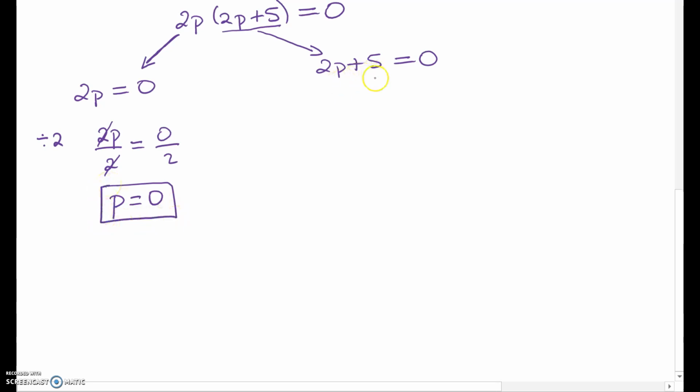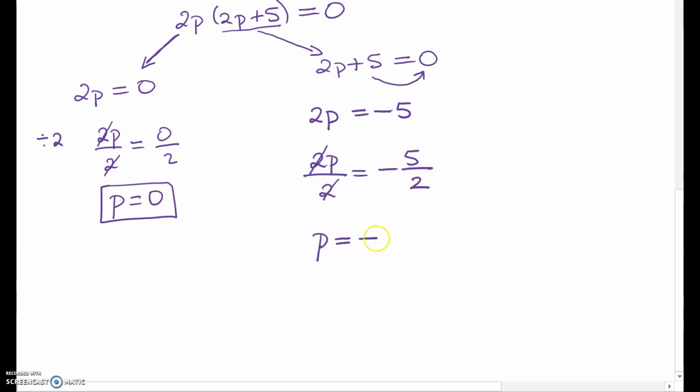Here, if you want to get p on its own, let's move the 5 across. It's the easiest way. So you move 5 across, it becomes negative 5. Now divide both sides by 2. 2p divided by 2 is equal to minus 5 over 2. The 2's will cancel here, so you have p is equal to minus 5 over 2, which to me is perfect.